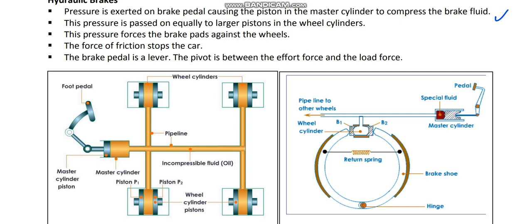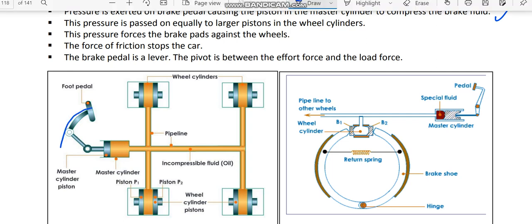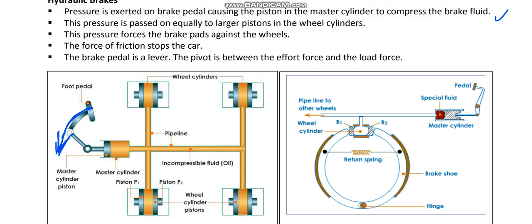They are saying pressure is exerted on the brake pedal, causing the piston in the master cylinder to compress the brake fluid. So when the brake pedal is pressed down, what is going to happen? The piston in the master cylinder compresses the liquid here, the oil.